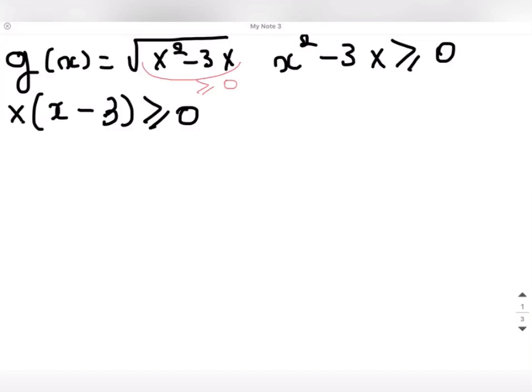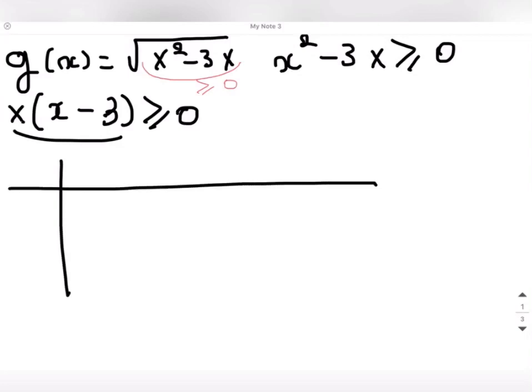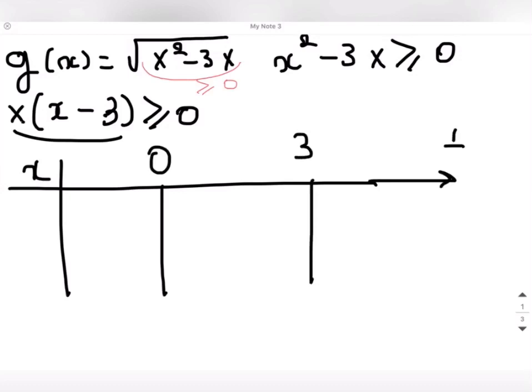Okay, so we have to study the sign of this expression. We can do a sign table. This expression is equal to 0 when x equals 0 and x equals 3. So we do this.